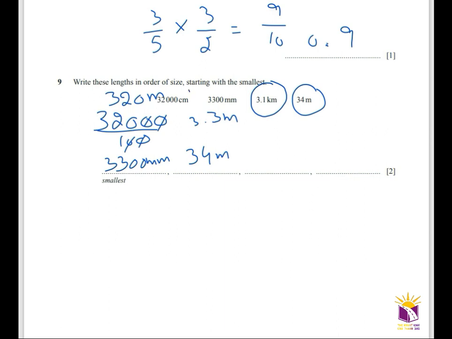The third one is 32000 centimeter because it is equal to 320 meter. And the last one is 3.1 kilometer. If we convert 3.1 kilometer into meter, we are going to multiply it by 1000 and it will become 3100 meter. So this one is the largest one.